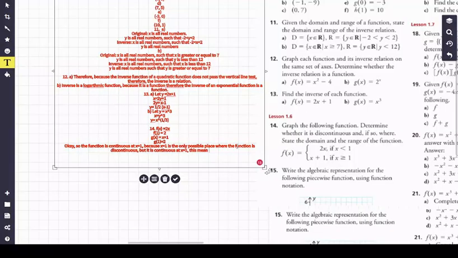This means the function is continuous everywhere else. Okay, domain. Let's get to the domain. Because this function is continuous everywhere else, this means x is all real numbers.